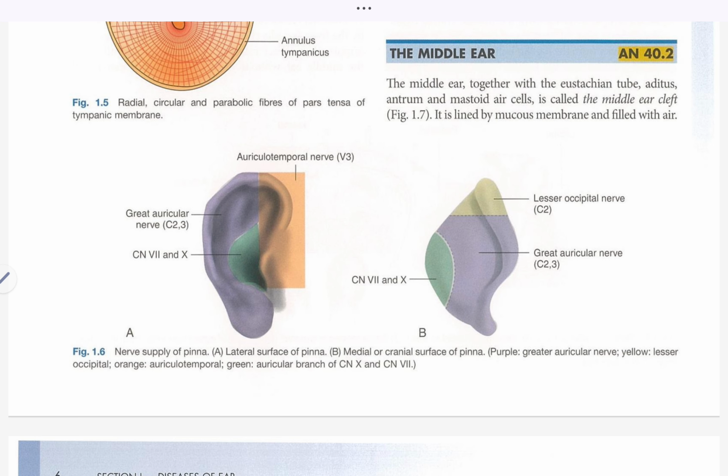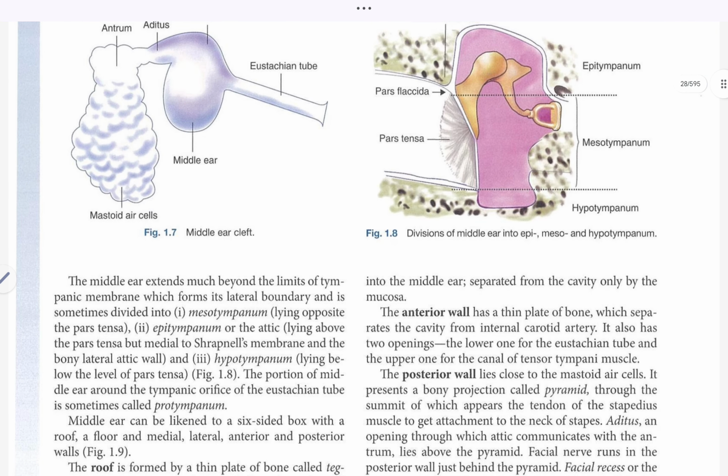The middle ear, together with the eustachian tube, aditus, antrum, and mastoid air cells, is called the middle ear cleft. It is lined by mucous membrane and filled with air.